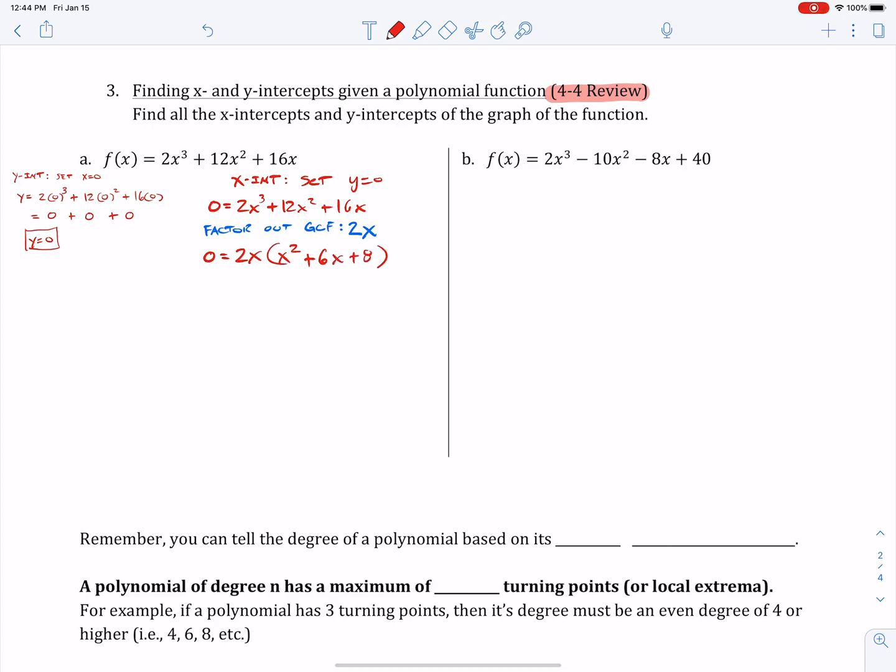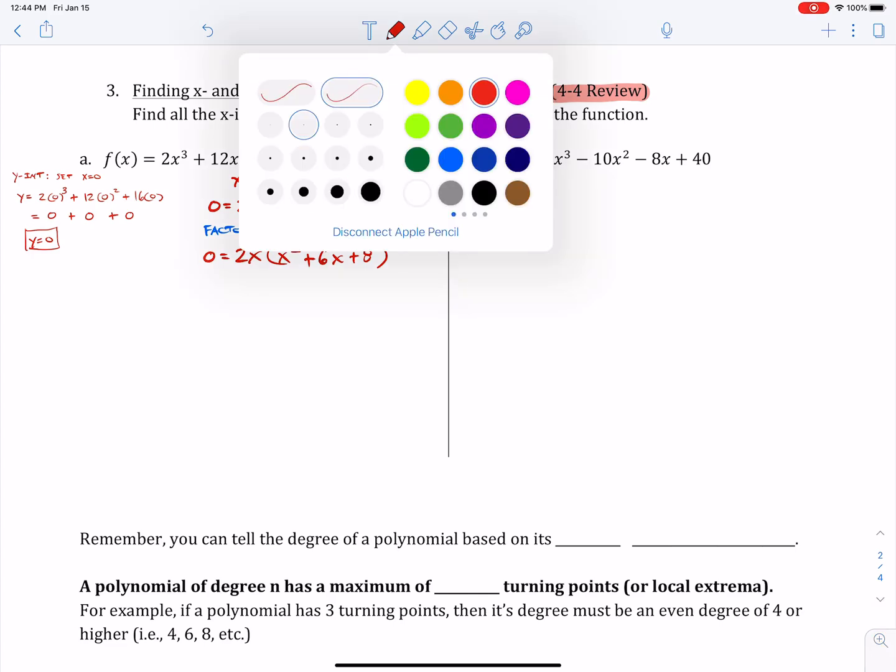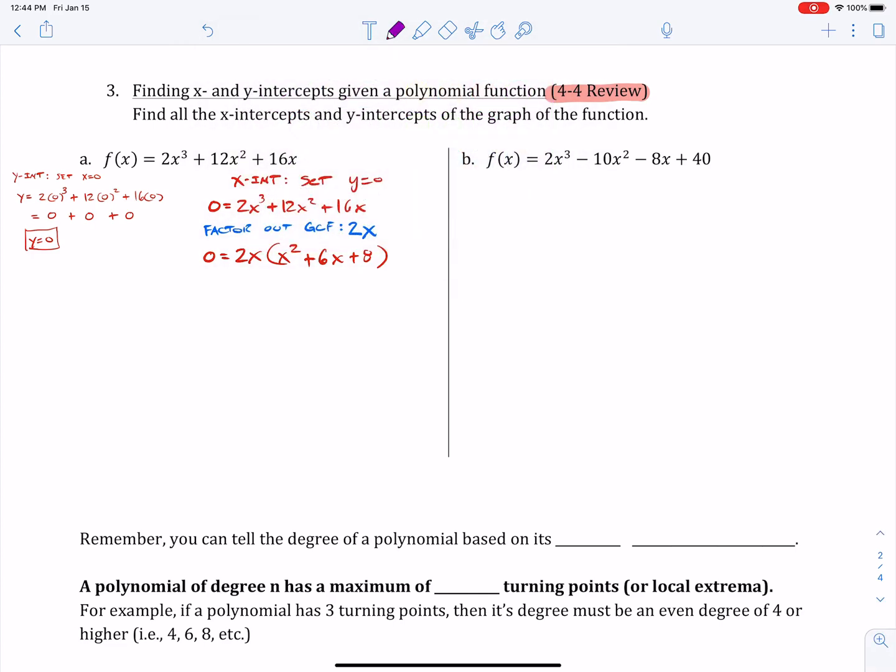And this is something we've seen before, and these are all steps that we've done in prior sections or even prior chapters, specifically chapter 3, I believe. I can factor this trinomial. Let me label these A, B, and C. This is where you want to utilize that x method that I was showing you. And since my leading coefficient is 1, I'm just going to have 8 here and then 6.